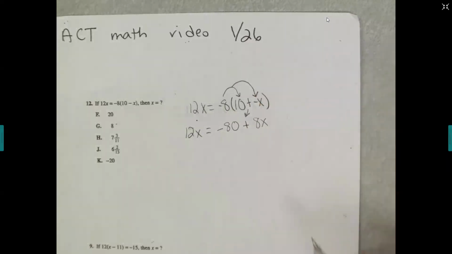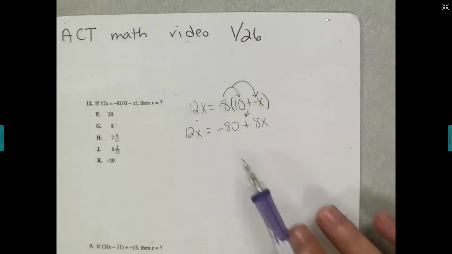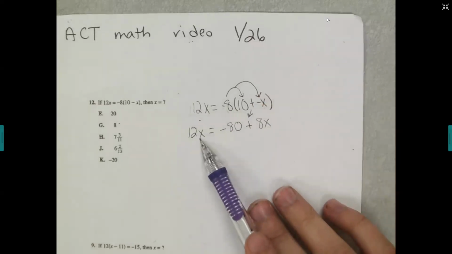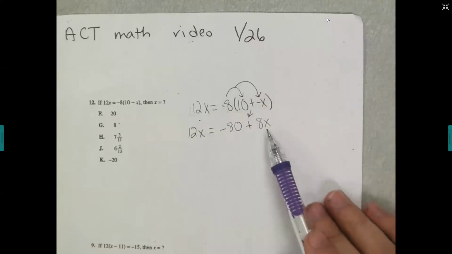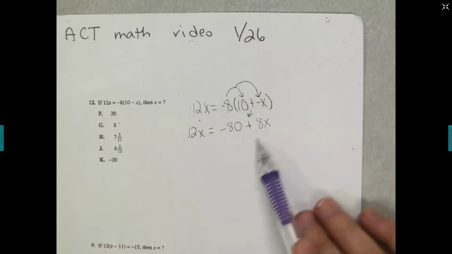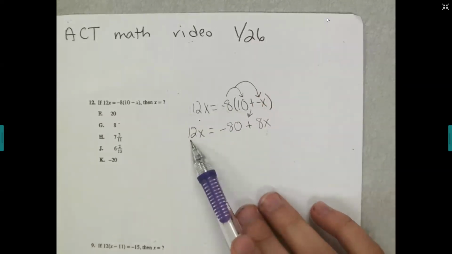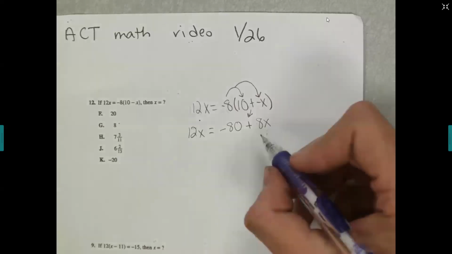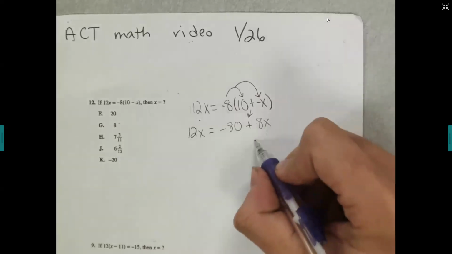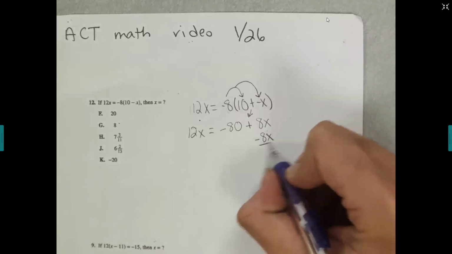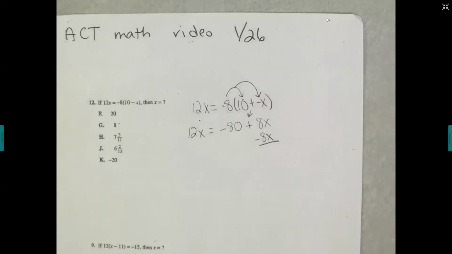So then I'm thinking to myself, I want all of my variables on one side of this equation together. So I already have 12x over here, and I have 8x over here. So I want to move this 8x over here to be with this 12x. And to do that, since this is positive 8x, that means I have to subtract 8x from both sides.